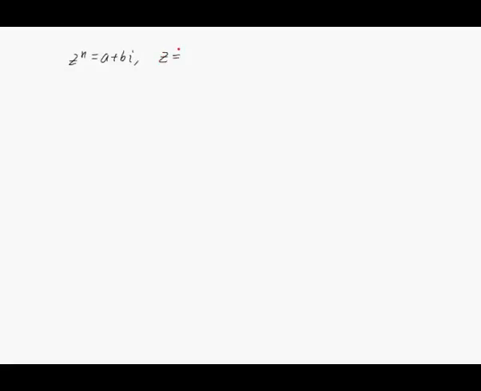So z is equal to s times cosine alpha plus i times sine alpha, and a plus bi equal to r times cosine theta plus i times sine theta. And we know this argument alpha and theta are not unique, right? You may have infinitely many values for them. Just take one.